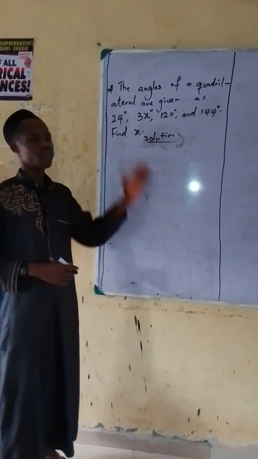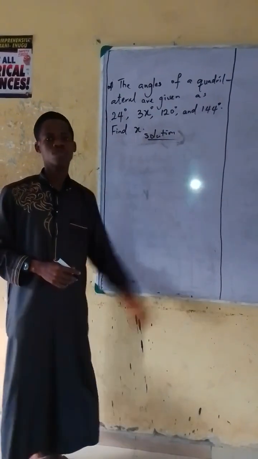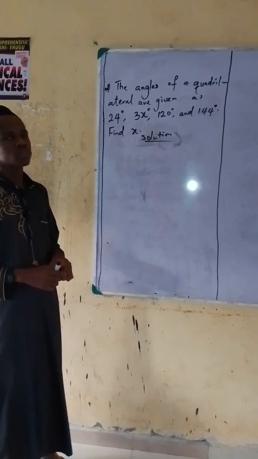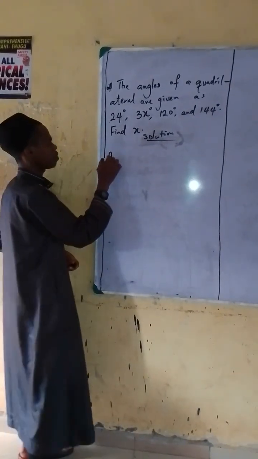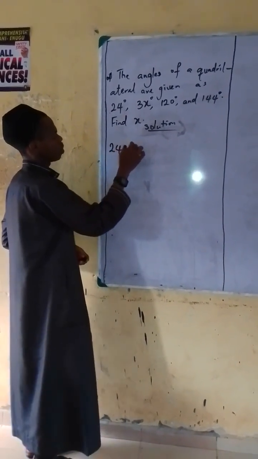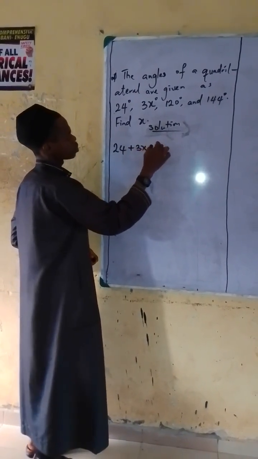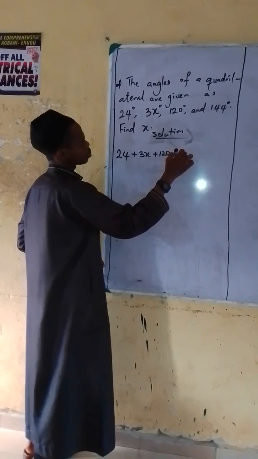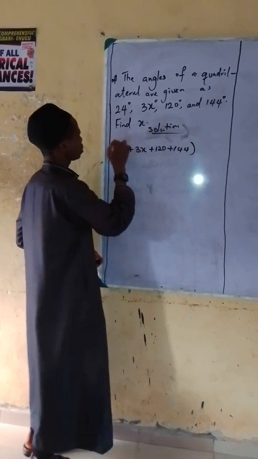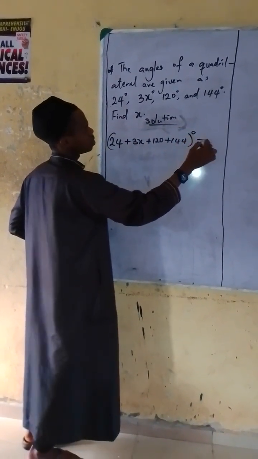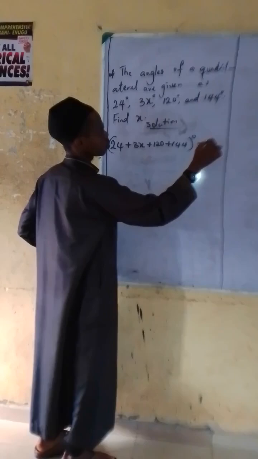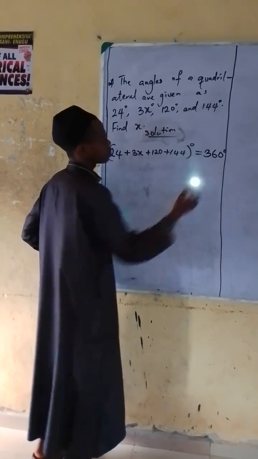Now, since they are already 4, when I add these 4 angles together, it must be equal to 360. So I will have 24 plus 3x plus 120 plus 144, all in degrees, equal to 360 degrees.